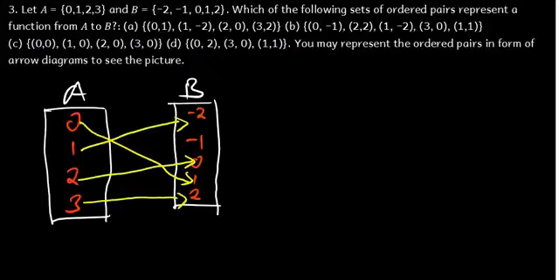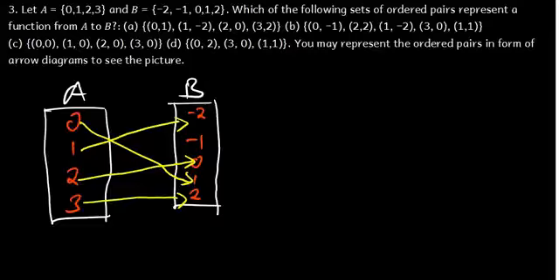So is this a function? We can only consider to say it's a function as long as all the values of x, all the values of a, they have got an output value. Okay, so as we can see, even if this one is not mapped to anything, but as long as all the values of x have got the output values, then that one is going to be a function.